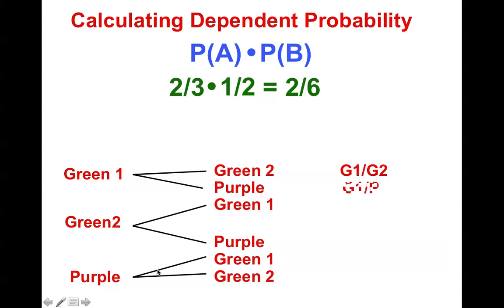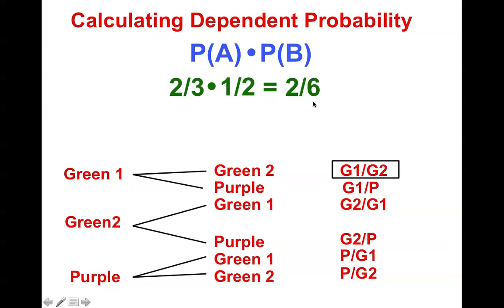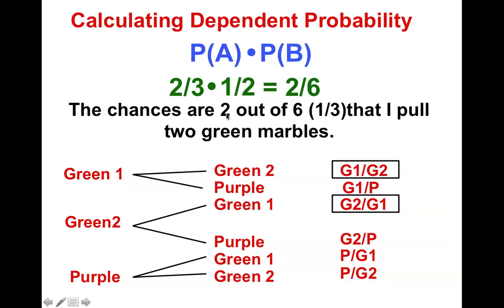That gave us 6 total possibilities, which was our denominator. Which ones were double greens? That one was double green, and that one was double green. So that's where we got the 2 for our 2/6. There were 2 chances out of 6 that I pulled 2 green marbles, and of course we simplified that to 1/3. Well, that was our lesson today.